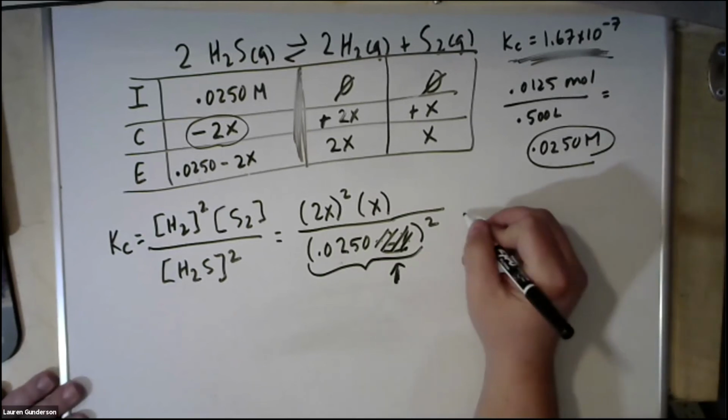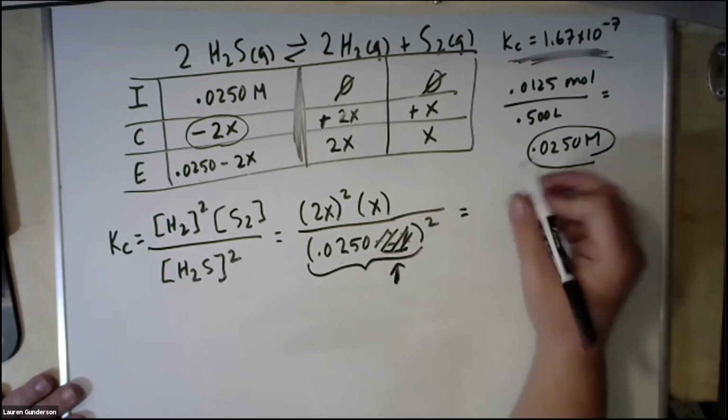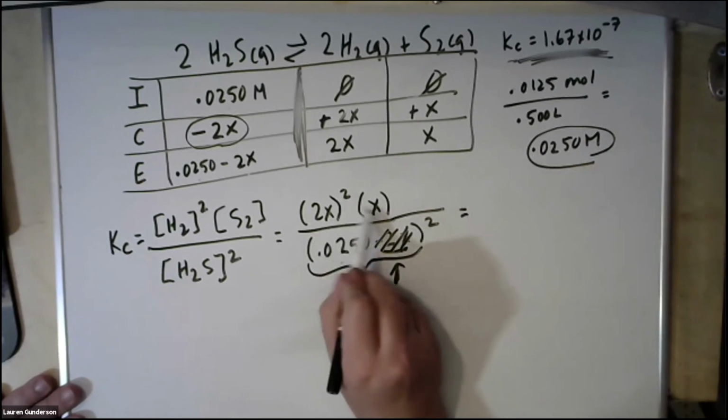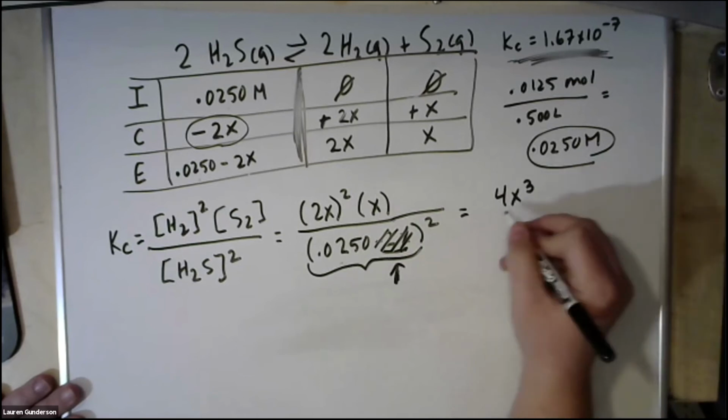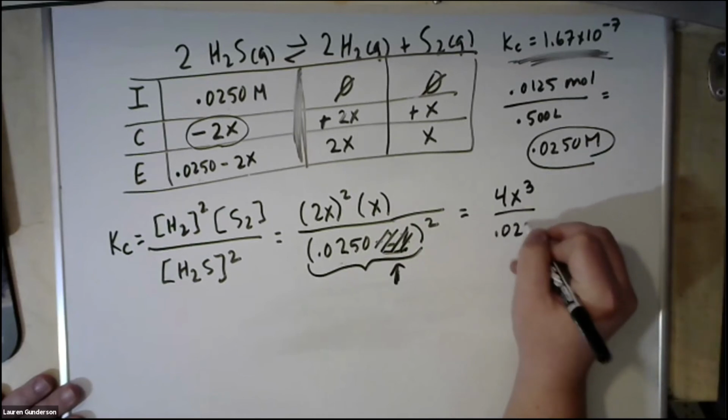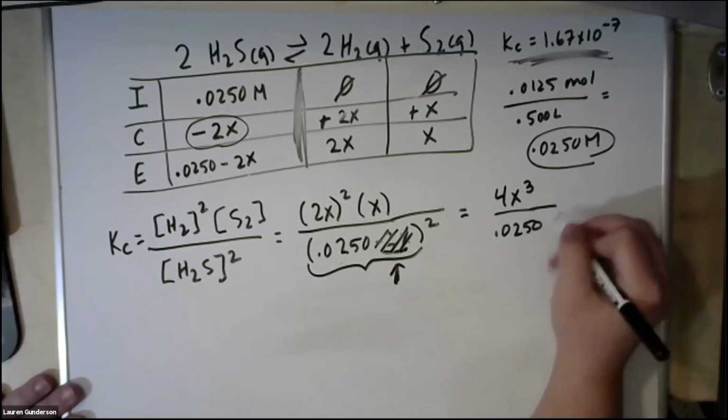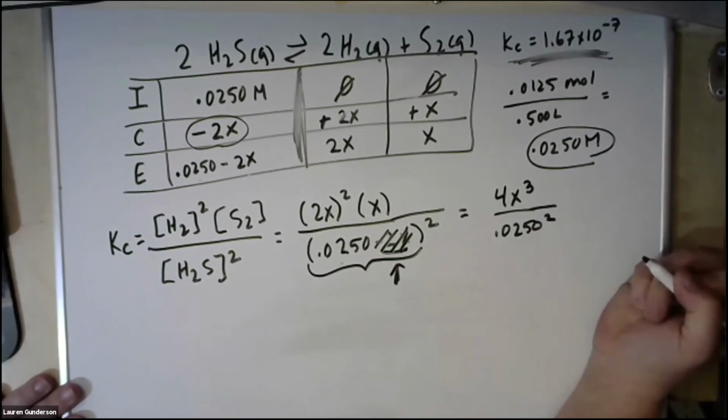So we can rewrite this as 2x squared times x, which will be 4x cubed over 0.0250 squared.